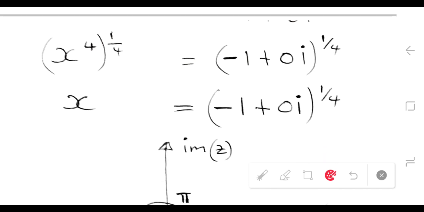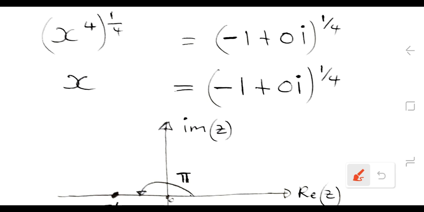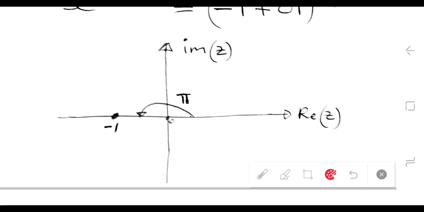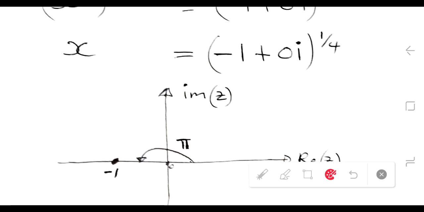From there we are going to say our x is equal to negative 1 plus 0i to the power 1 over 4. From our imaginary plane, this is our real axis, this is our imaginary axis.